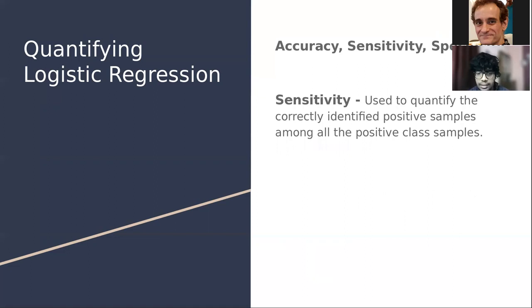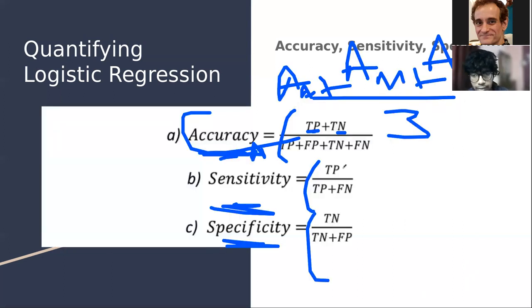Now, let's discuss sensitivity. What is sensitivity? It is used to quantify the correctly identified positives. Yes, right, Mike. Absolutely right. So, basically just get to the formula: you have true positives.